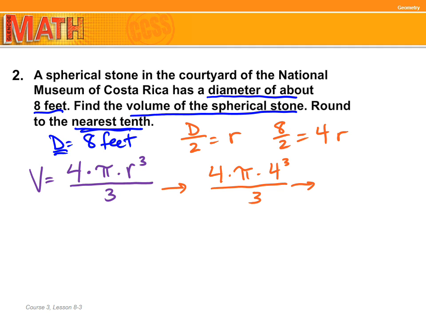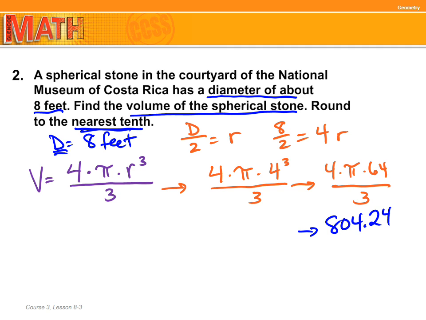4 cubed is 64. So 4 times pi times 64, divided by 3. On my calculator, I enter 4 times pi times 64, and I get 804.2.